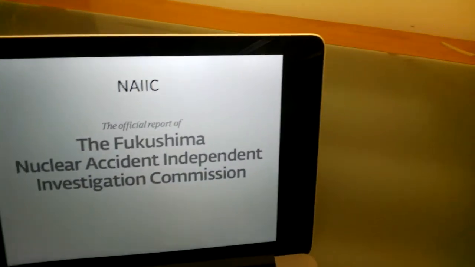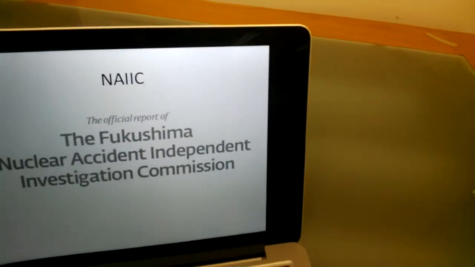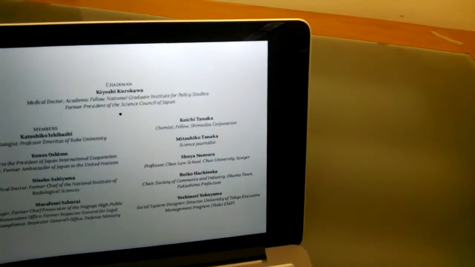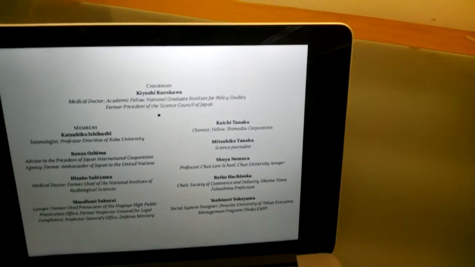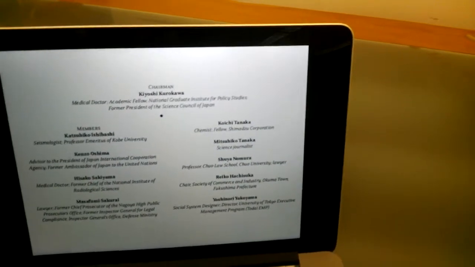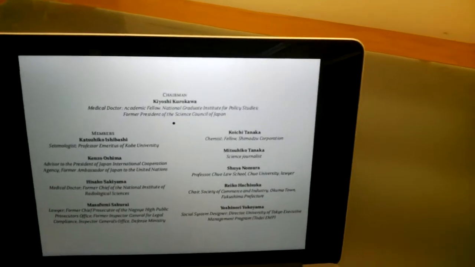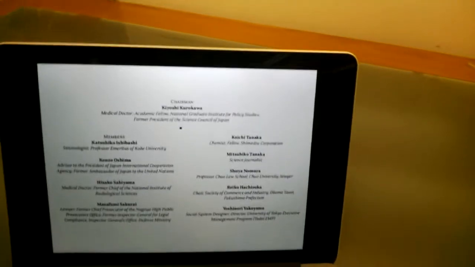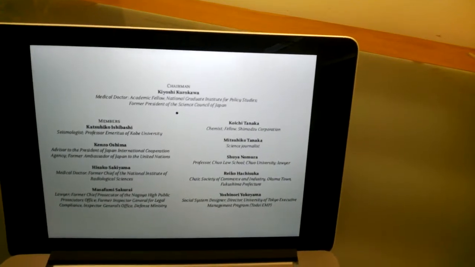The Fukushima Nuclear Accident Independent Investigation Commission concluded with very important and critical conclusions. Now, this is not to overshadow the complexity of the concern.